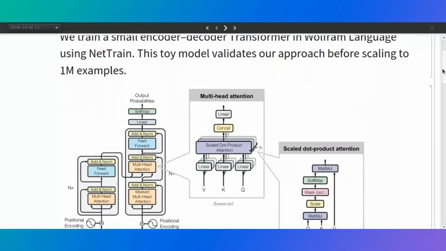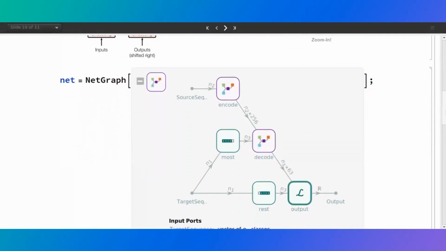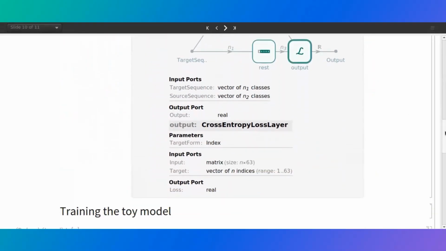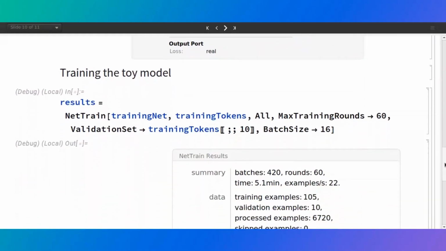And with these 1 million examples, what we made was creating this encoder-decoder network in Wolfram Language. And as you can see, the loss function will be just a simple cross-entropy loss layer, which compares the tokens generated with the tokens expected in the sequence.